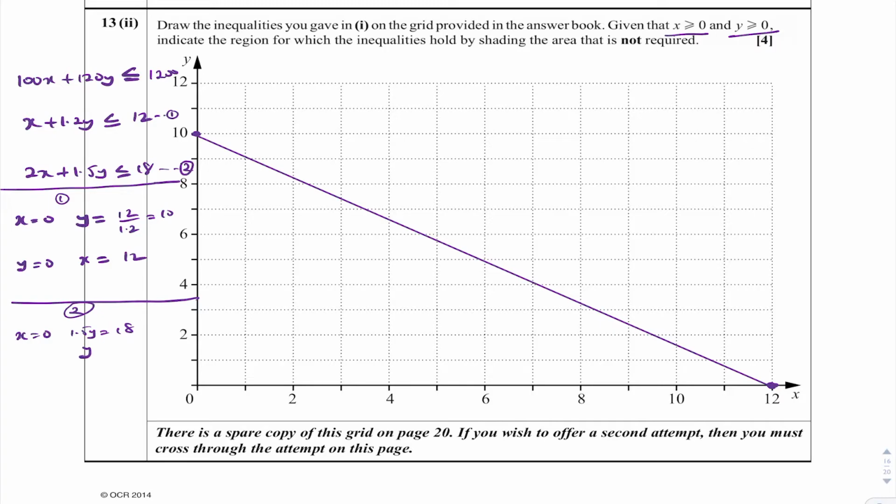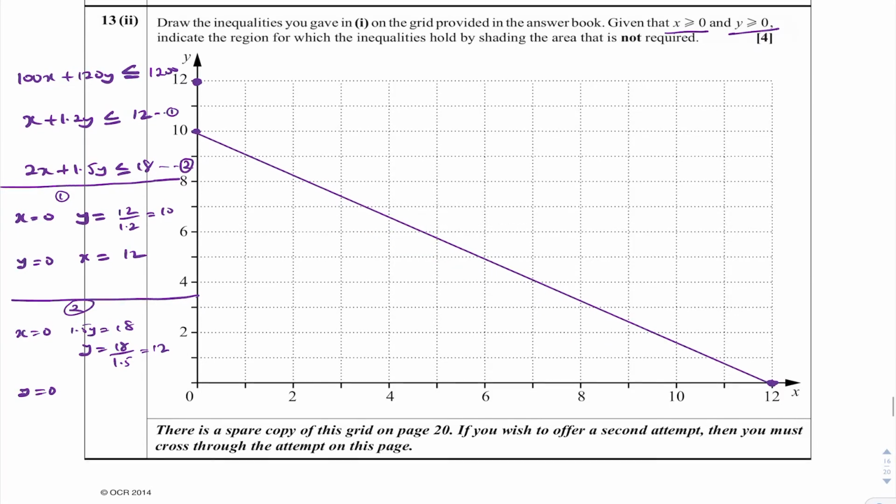Therefore, y equals 18 over 1.5, and that gives y to be 12 when x is 0. When y is equal to 0, 2x is equal to 18. Therefore, x equals 9. So all we need to do is draw that line to 9.